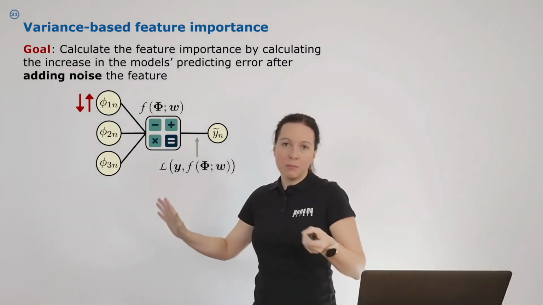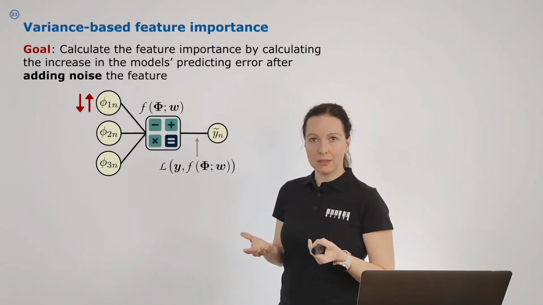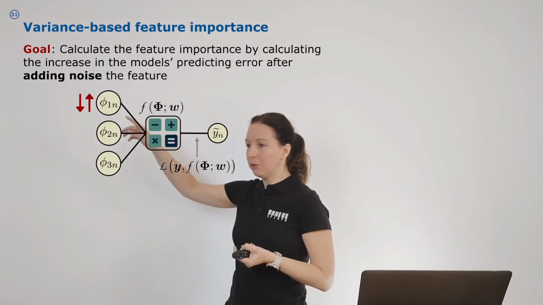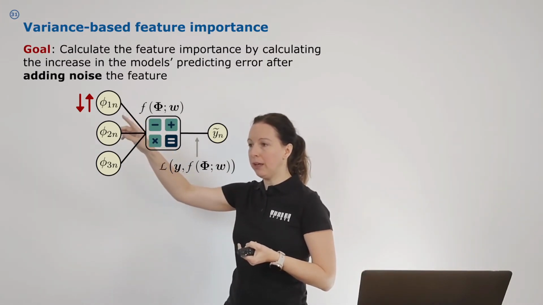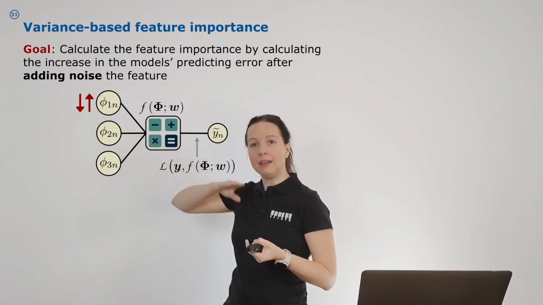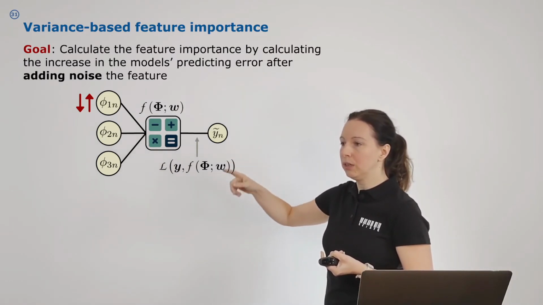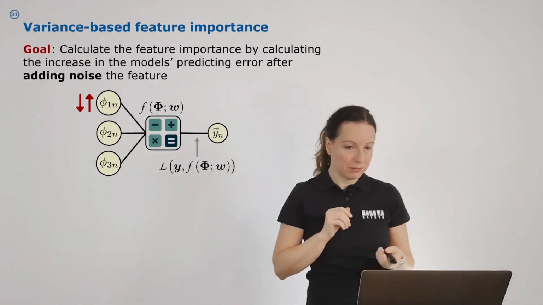Similar to the other feature importance calculation methods, you have input features, you decide on one feature dimension, and then you manipulate it, in this case the first one, by adding noise, and you look at the output, for example the loss function value and how it changes.